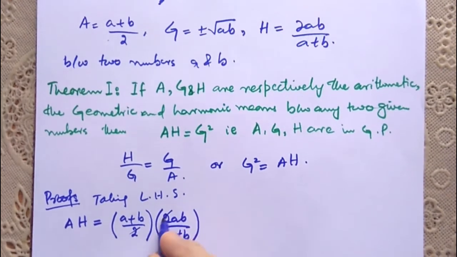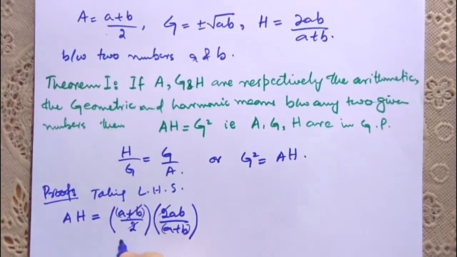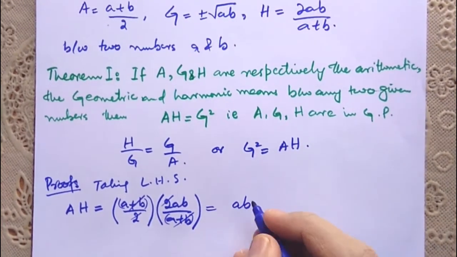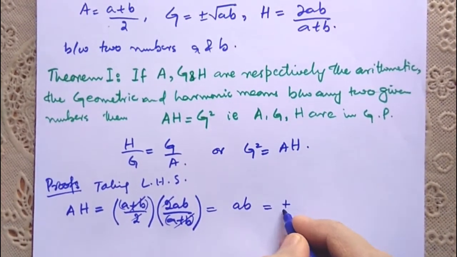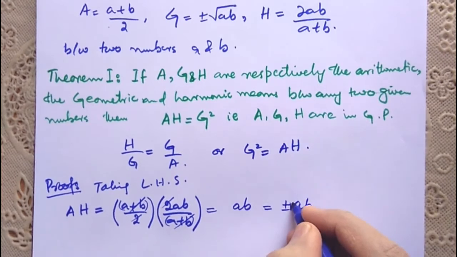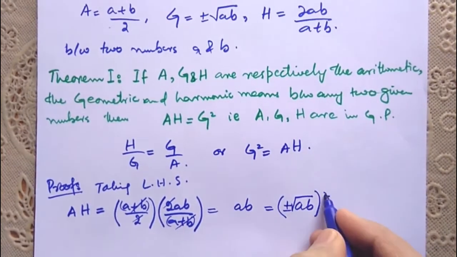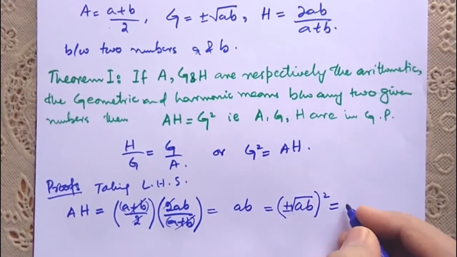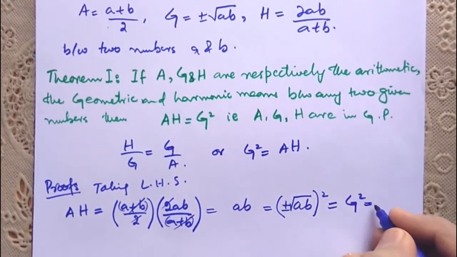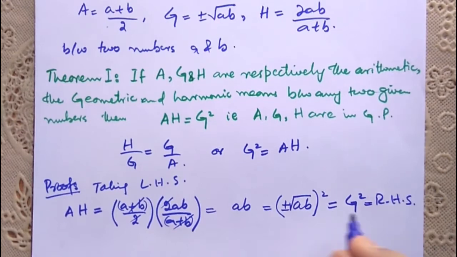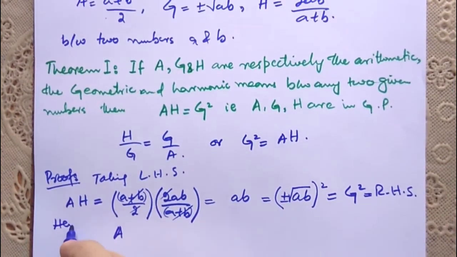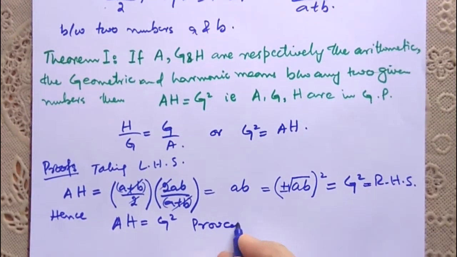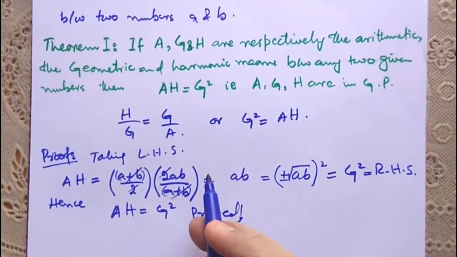So it is equal to ab, and we can write ab as plus minus radical ab whole square, because when we simplify it we get ab. And you know it is equal to G square, so it is equal to the right hand side. Hence AH is equal to G square. Proved.